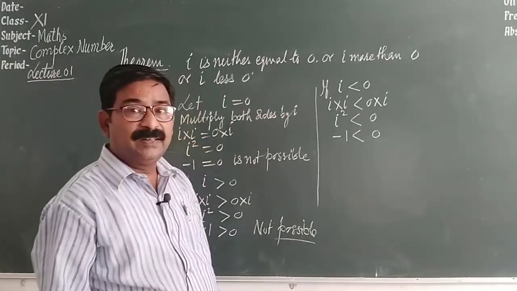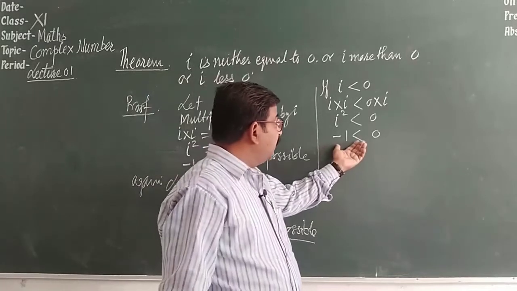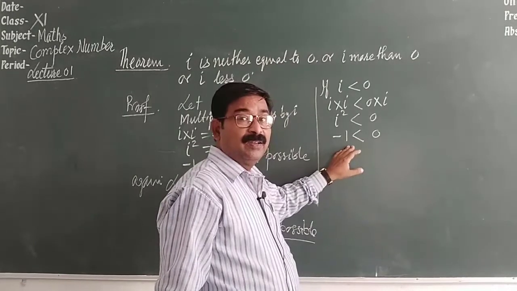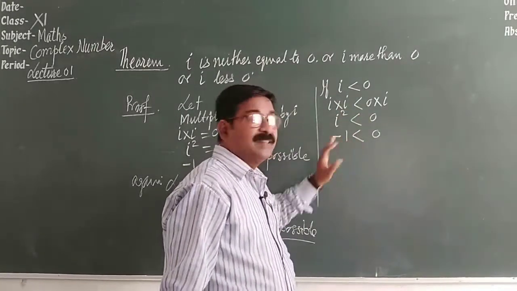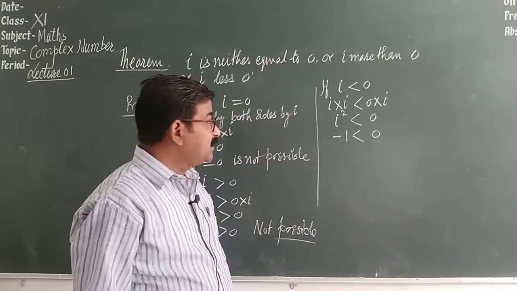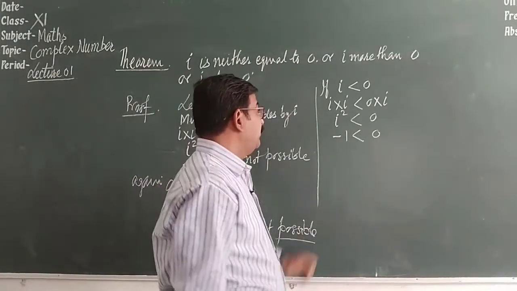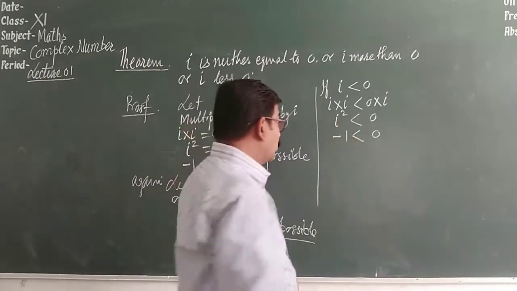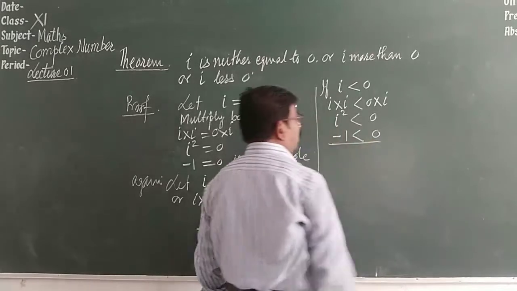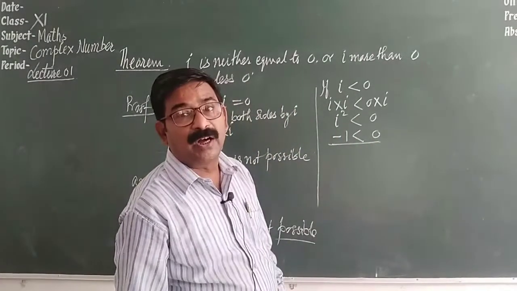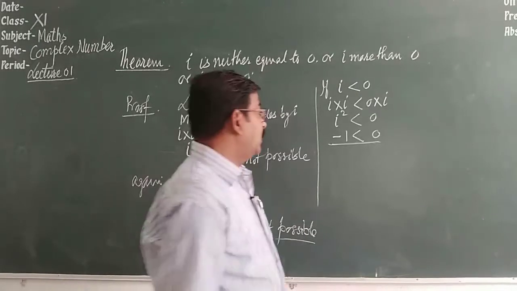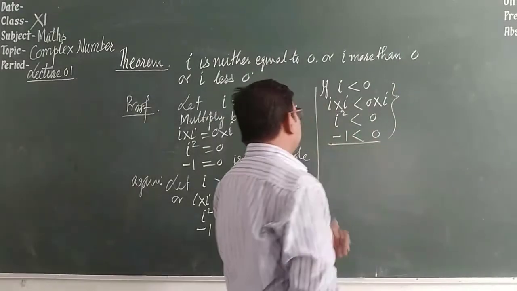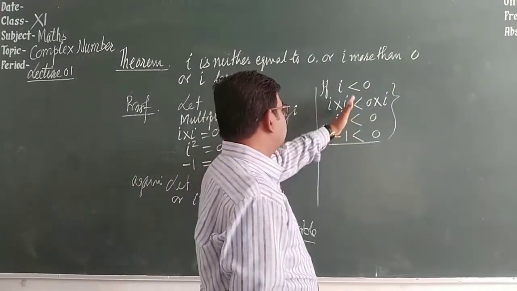It seems that it is true, because i is less than 0. But numerically we can say this is iota, square root of minus 1, so this one is not possible.